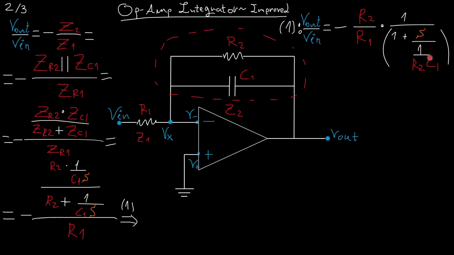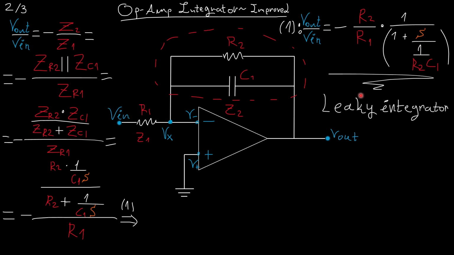It gets very close to 0. So we have 1 over R1 plus 0, 1 over R1 times minus R2 over R1. So Vout over Vin will be equal to a constant value. And when the frequencies get higher and higher, this becomes a typical integrator as we have seen previously.